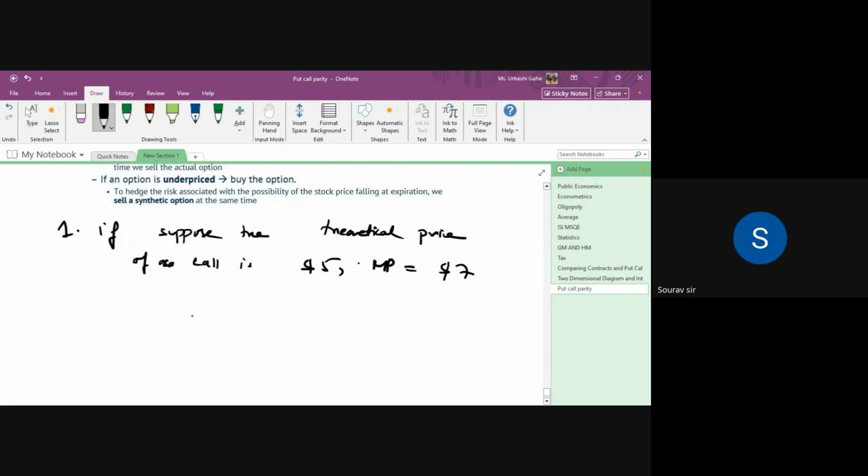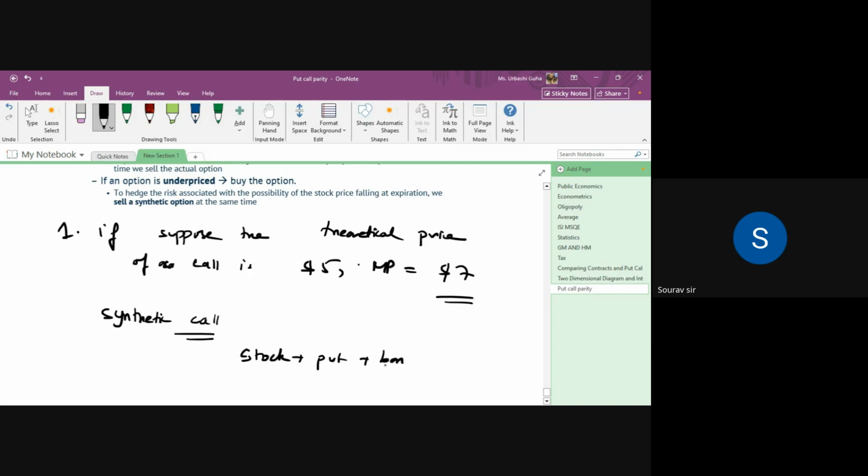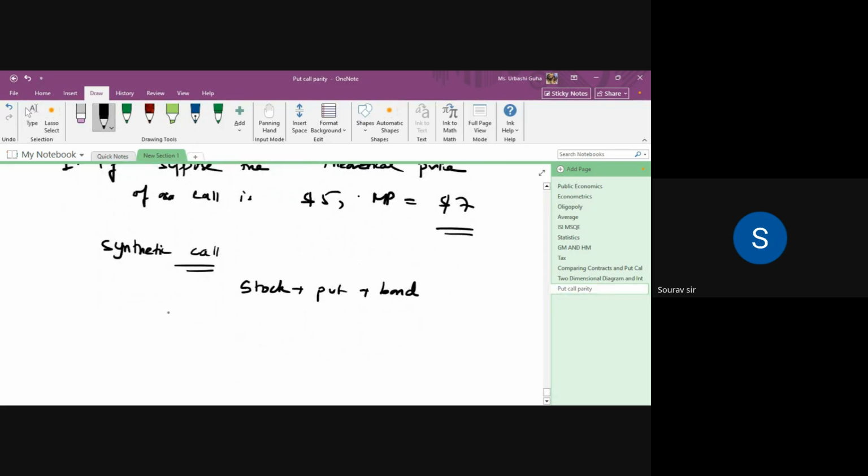Okay, so a trader can sell the call at $7 and simultaneously what can they do? Buy a synthetic call. So it is constructed from what? Stock, put and bond. Okay, and this locks in an immediate profit of $2.